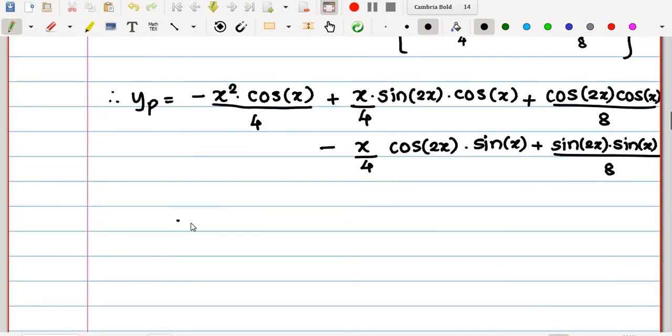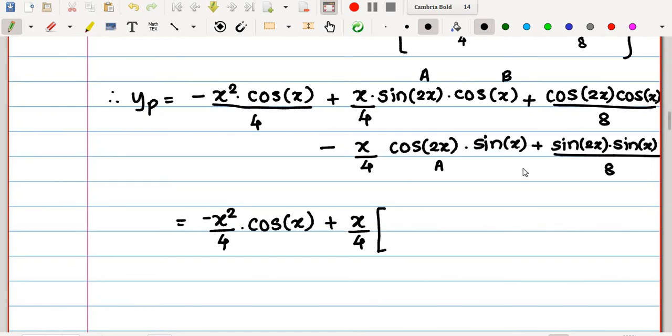So if we simplify it again, minus x square upon 4 into cos x, plus x upon 4 into, if we consider this as sin a cos b minus cos a into sin b, so this is your formula for sin a minus b. Same is the case if we take 1 upon 8 common.